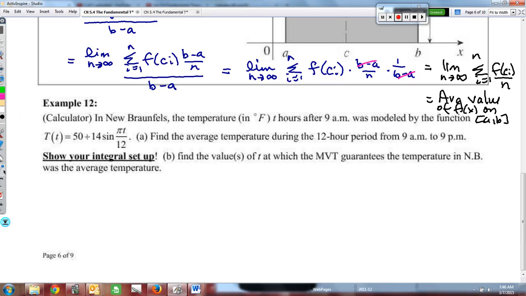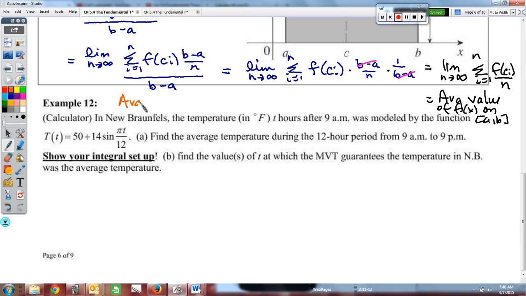If we do average rate of change of f of x on an interval a to b, they're asking you to calculate f of b minus f of a all over b minus a, the slope of your secant line. However, if they're asking you to find the average value of f of x on the interval a to b, then we're going to do 1 over b minus a times the definite integral.